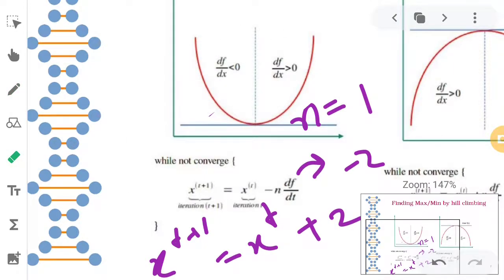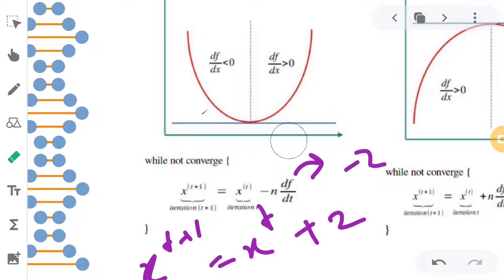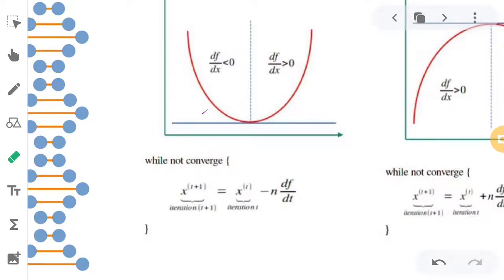Finding minima by the hill climbing method. At this point, df/dt is positive, and n is positive always. n is a constant value, and df/dt is positive.